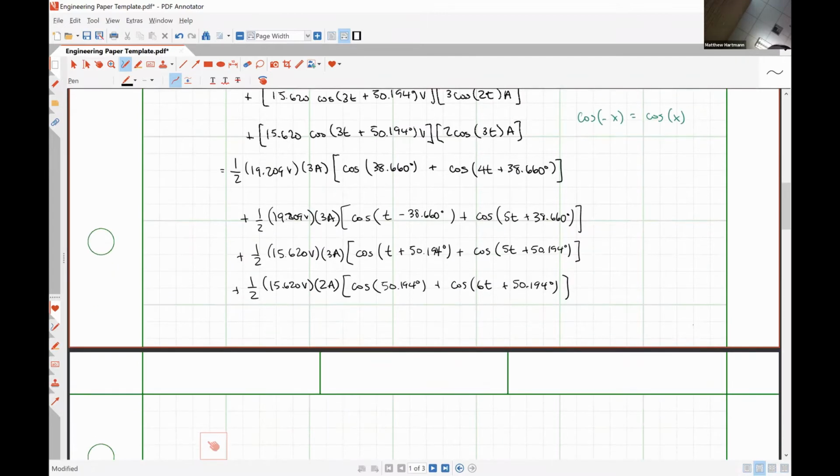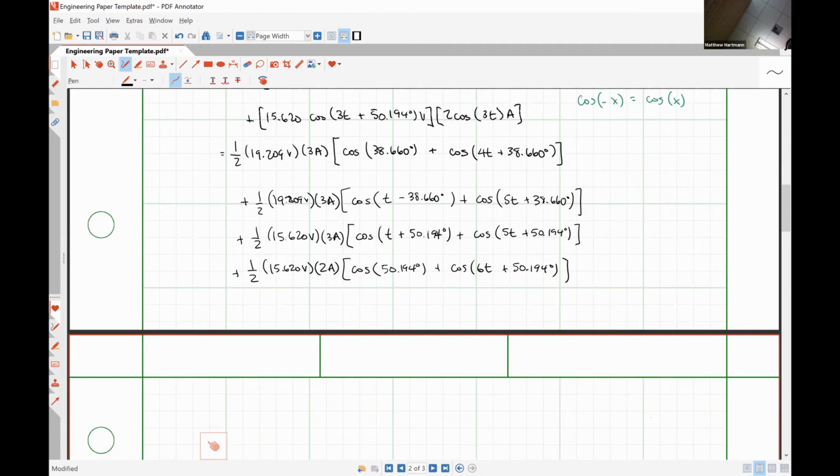So we will need to combine our DC terms. So that's going to be where we have 1/2 times 19.209 times 3 times the cosine of 38.66, plus 0.5 times 15.620 times 2 amps times cosine of 50.194.